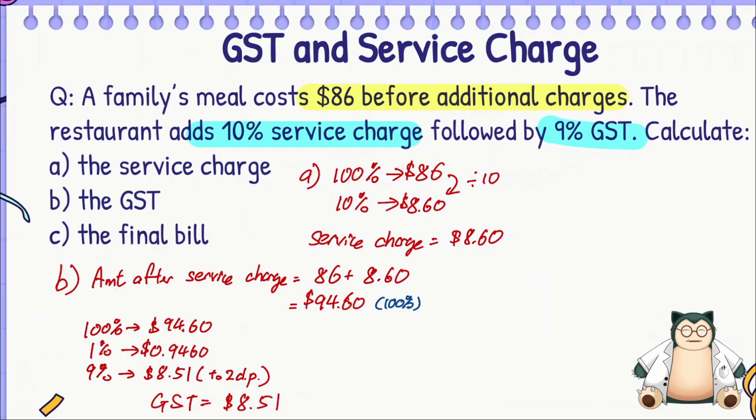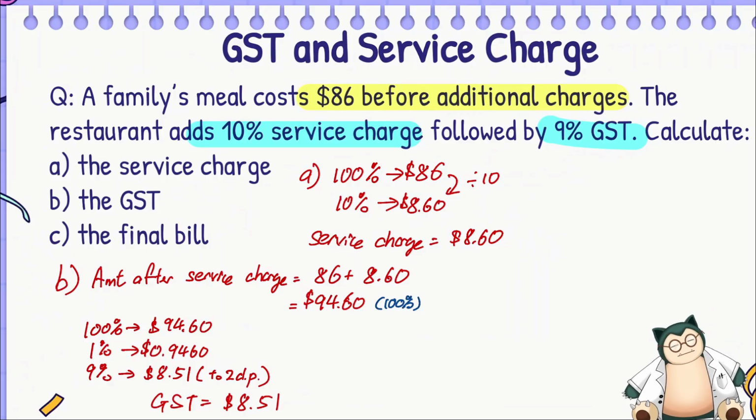Okay, so take note, for cost, we cannot leave it as the exact amount. We always round off to 2 decimal places because we don't have any dollars or cents after the 2 decimal places. All right, so then our final bill, part C, maybe I just write it here.